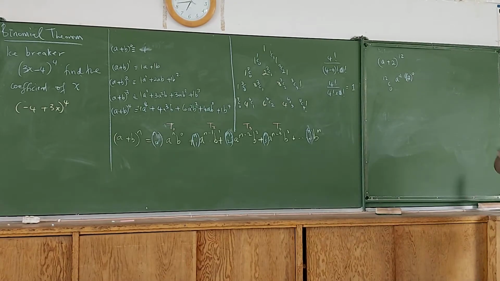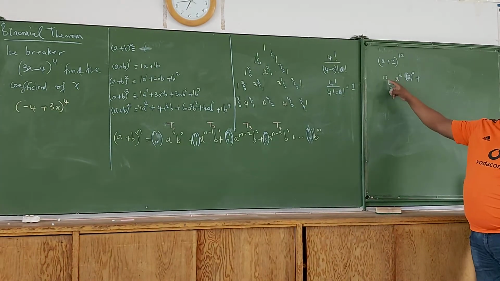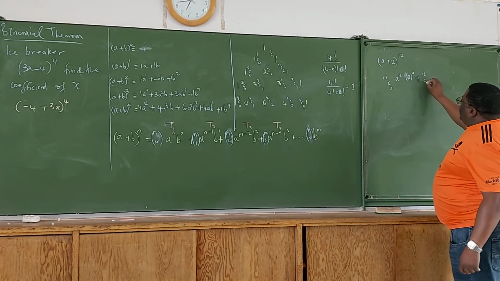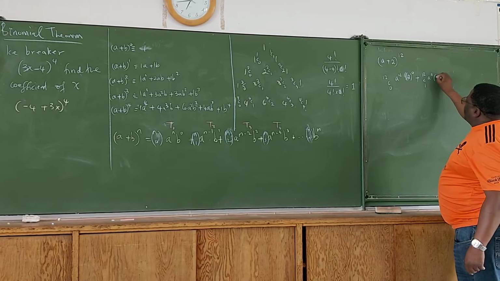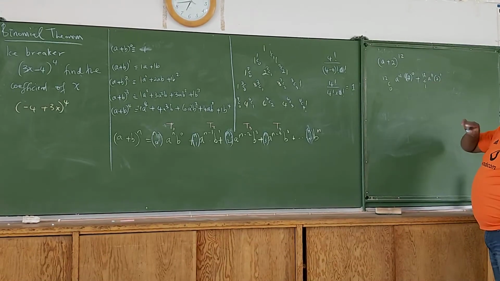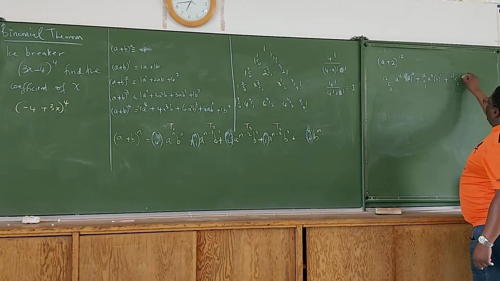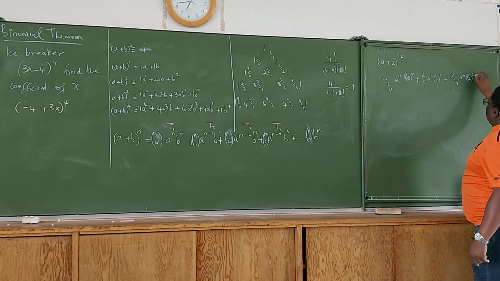I'm going to use the same notation as when you find this. Remember, this is just going to be 1. Then 12C1, then A raised to the power of 11, then 2 raised to the power of 1. The indices should add up to 12. Then 12C2, A to the 10, then 2 raised to the power of 2.